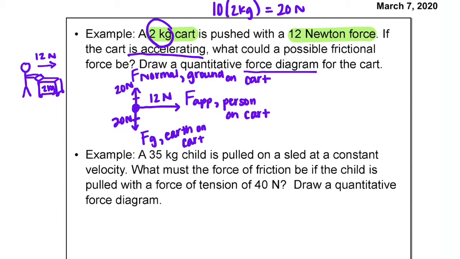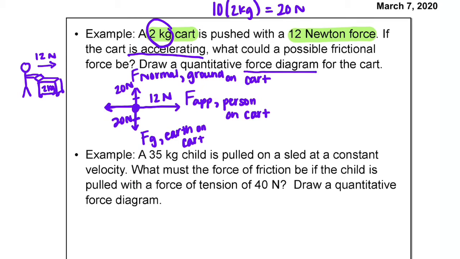newtons. Now on Earth we usually have friction, and the fact that they asked me about friction tells me that there is a frictional force. The thing that I'm going to be careful with is that they also told me the cart is accelerating. So this means that left to right my forces are unbalanced.